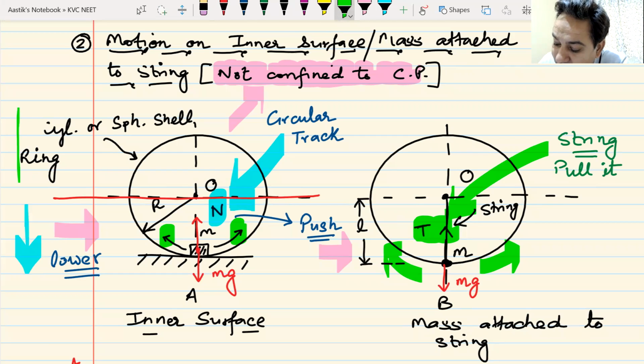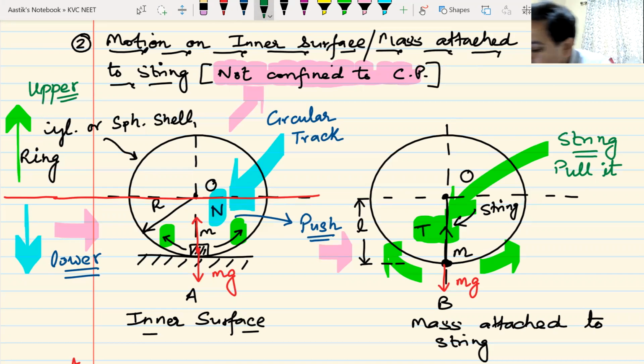Anything above this red line is the upper half. Do we understand this? Can I have some wave of hands that we understand this? Lower half, upper half. That simple.